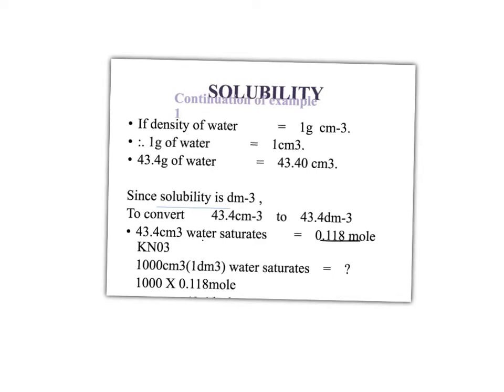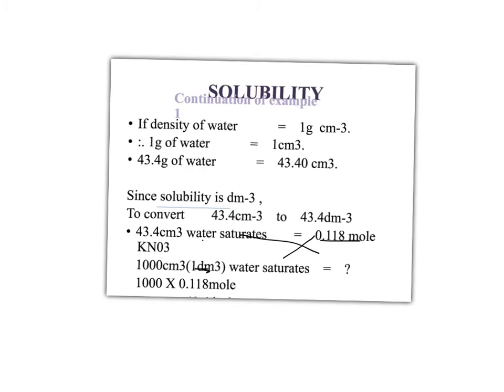But solubility is all about finding the solubility of the solute in 1 dm³ of the solvent. So to get the amount of solute that will saturate 1 dm³ of the solvent, you just have to cross multiply.